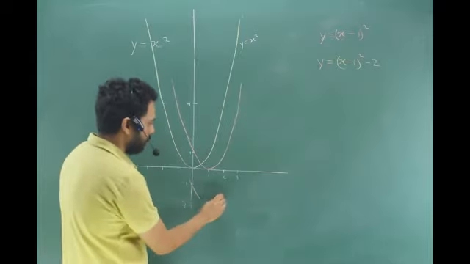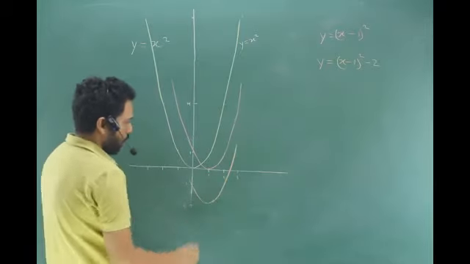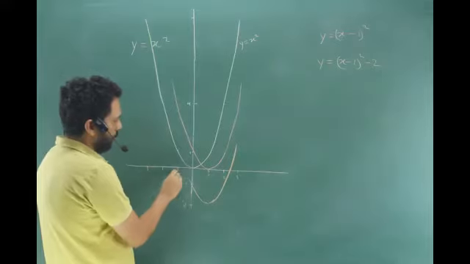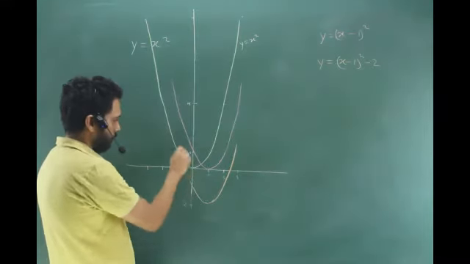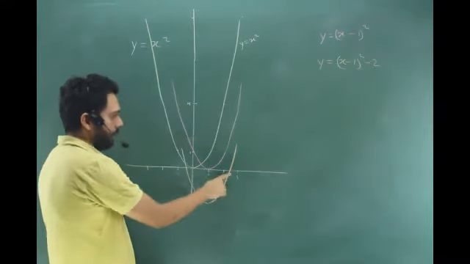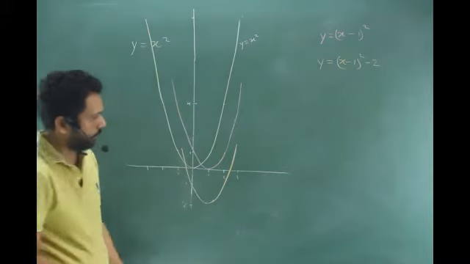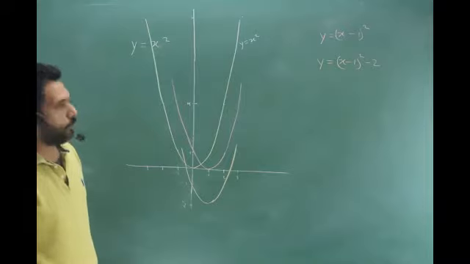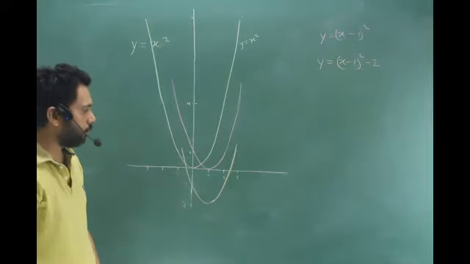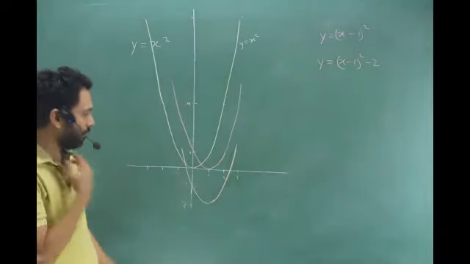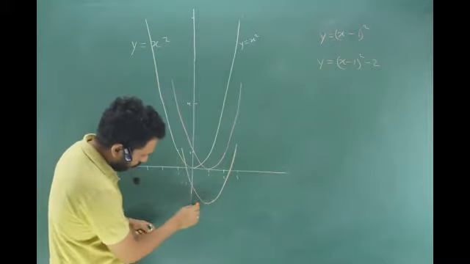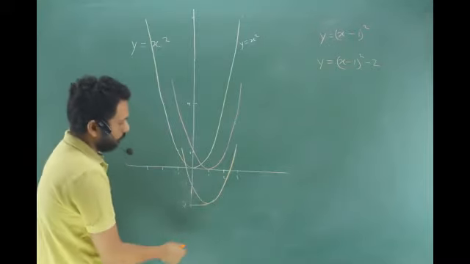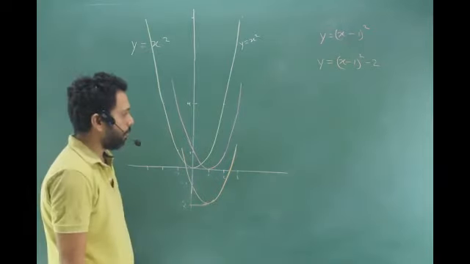Reason? And this is between 0 and minus 1, or where? So obviously here. Reason? What is the reason it cuts after 2?